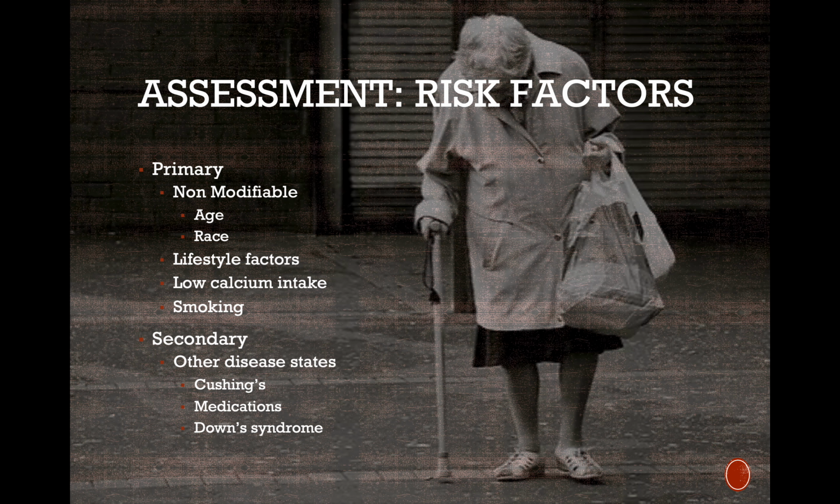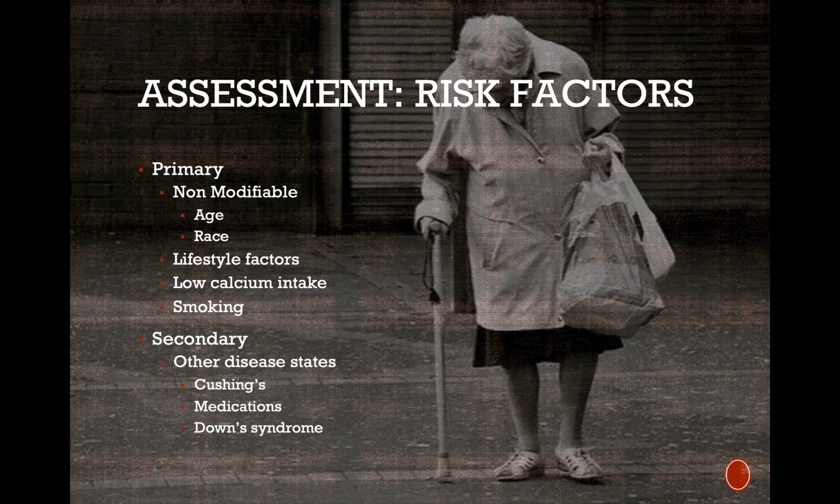So, people who are older have an increased risk. Certain types of races, like Caucasians and Asians, they too have an increased risk. Women, especially postmenopausal women, we can see an increased risk there.